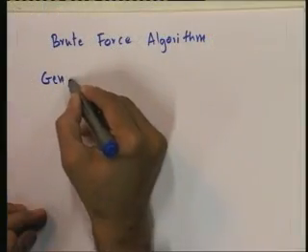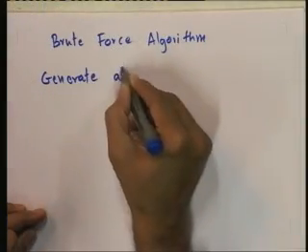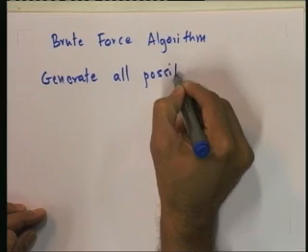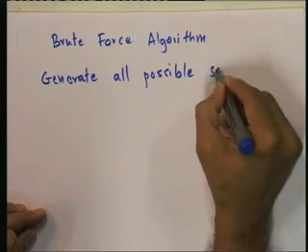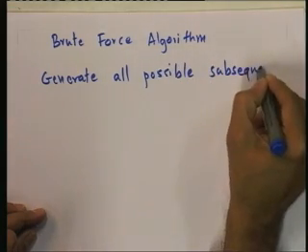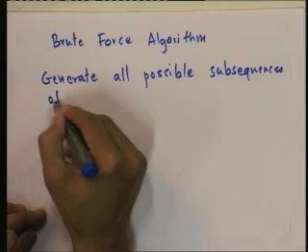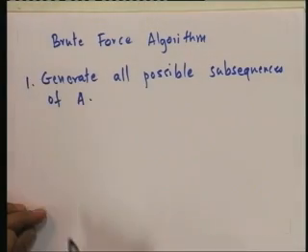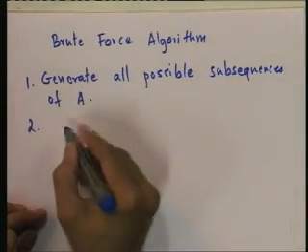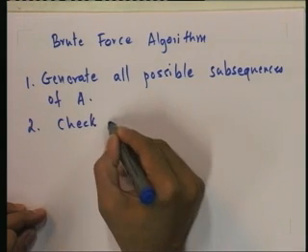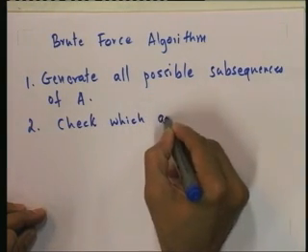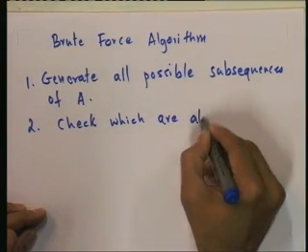The idea would be to say, let us generate all possible subsequences of A. This would be the first step. Then we will check which are also subsequences of B.